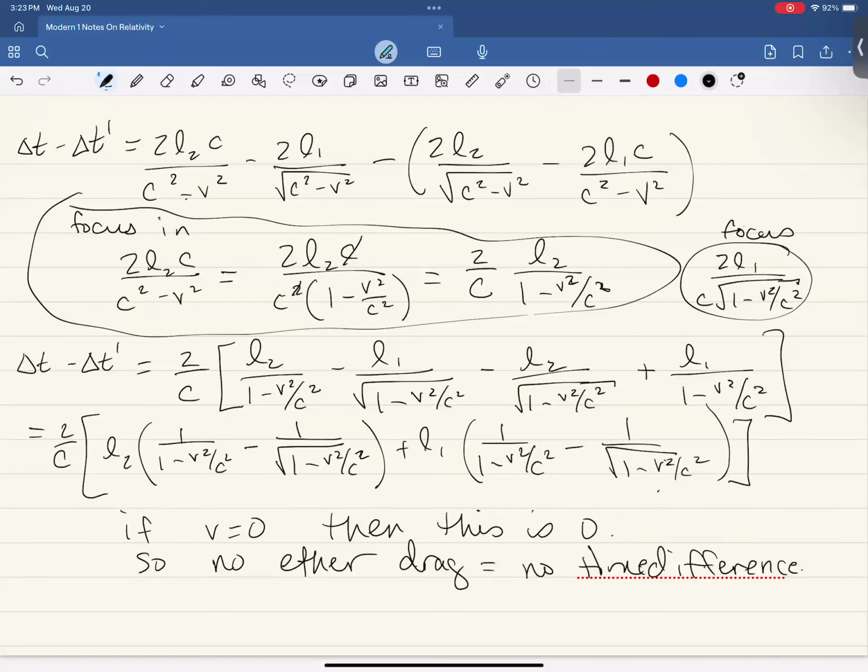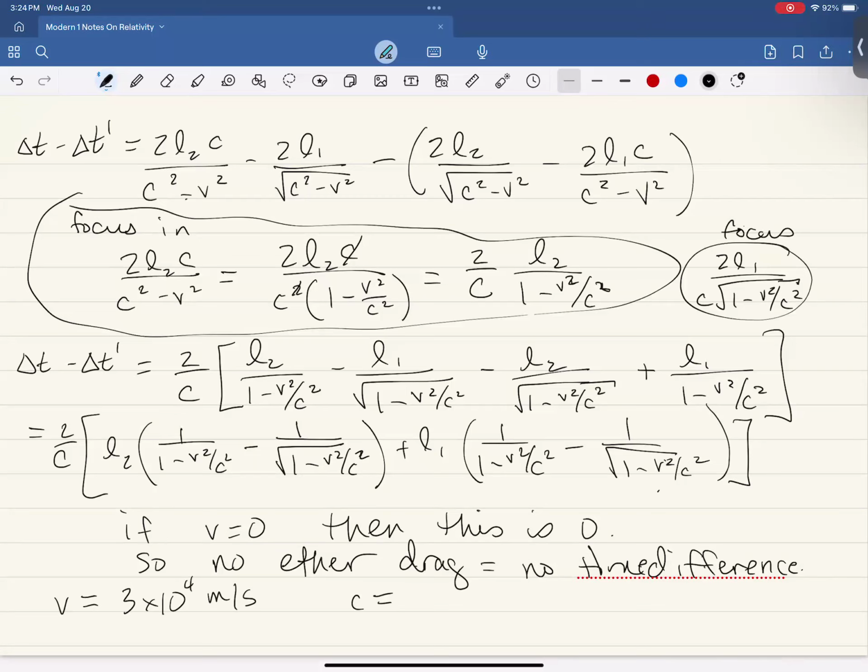And they knew the speed of the Earth in its orbit, and that's about 3 times 10 to the 4th meters per second or so. Now, it might be different, like our motion through space might change things, but that's a nice place to start.